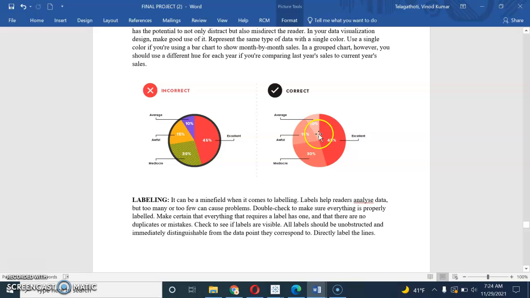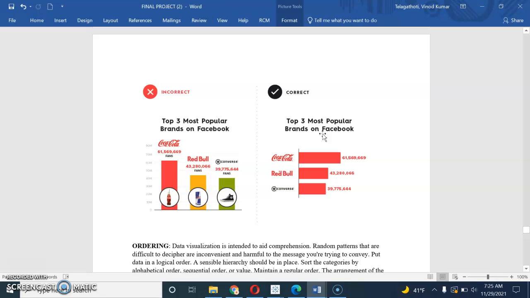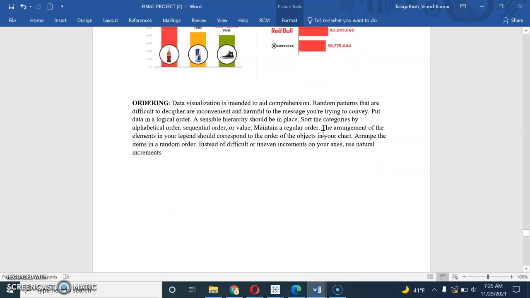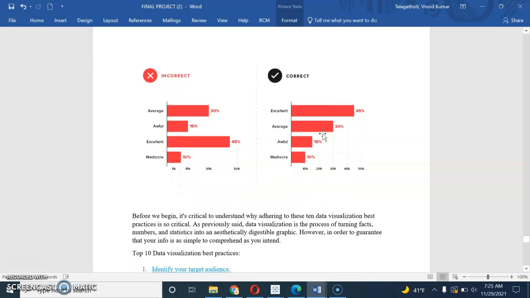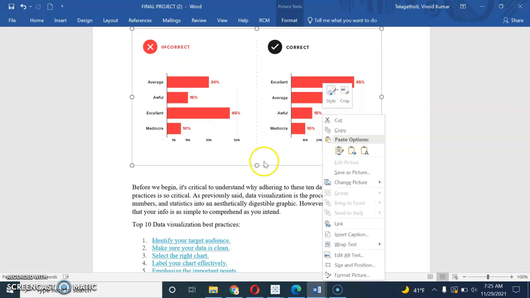If the lighter shade represents the smaller values and the darker shade represents the larger values, then it's going to be good. Labeling is also important because the labels should indicate the values, the nominal and name values, which attract the audience. And ordering should also be done as per the requirement, because descending and ascending order will surely catch the eye of an audience.